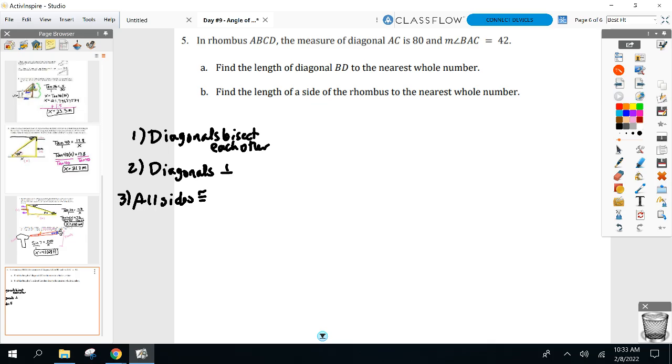Part A here should be BD equals 72, and the side equals 54. Okay, don't cheat, please. If you can't get those answers for parts A and B, let me know. If you can, keep going on into the homework. Talk to each other. Talk to me if you need to.